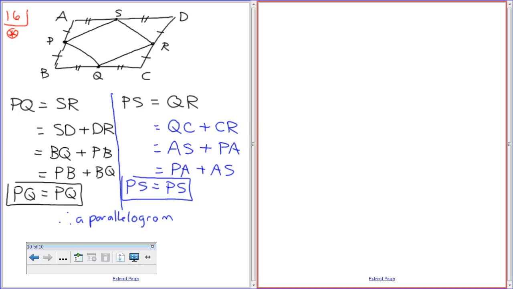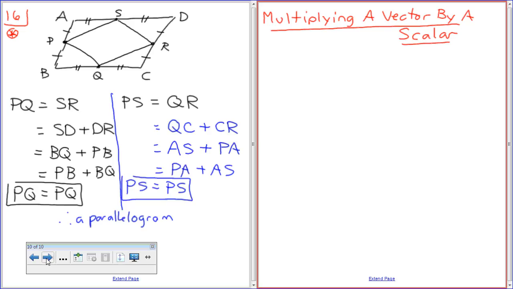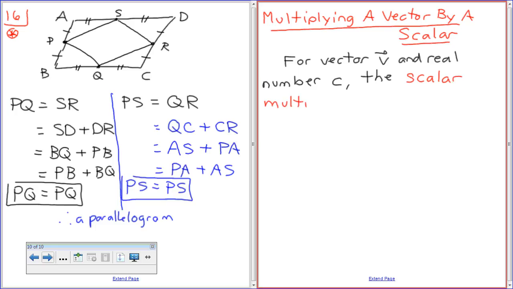Multiplying a vector by a scalar. Okay, so we're going to say for vector v, and real number c, the scalar multiple of v by c is a vector with the following characteristics.